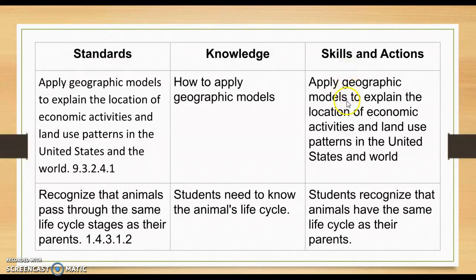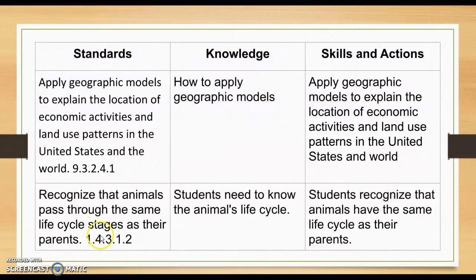Apply geographic models to explain the location of economic activities, and apply geographic models for land use patterns in the United States and the world. This tells you that there are three big concepts that the students need to be able to do, and all of it within that sense of geographic models.